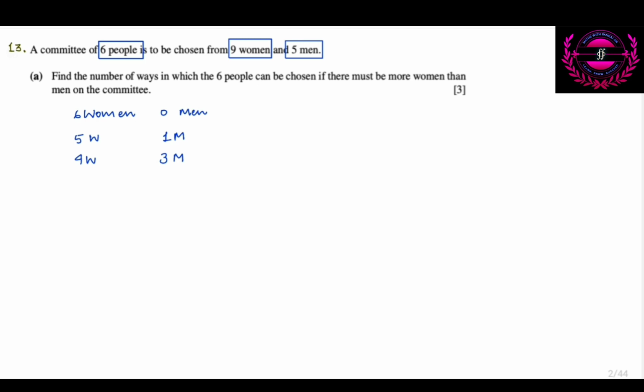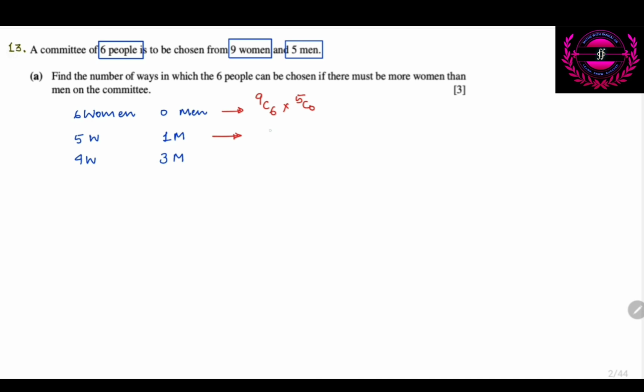So for this, I have to select 6 women out of a total of 9 women, in 9C6 ways I can choose, and 5C0, 0 men out of 5 men.